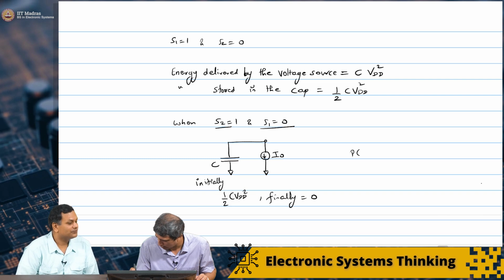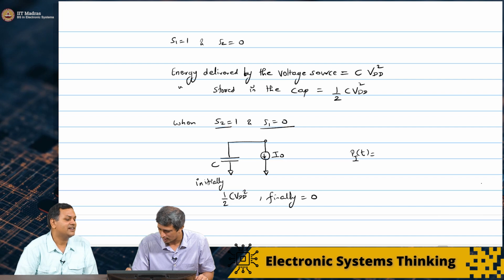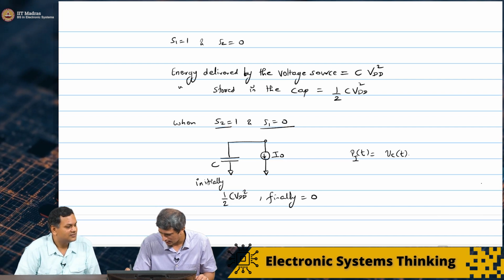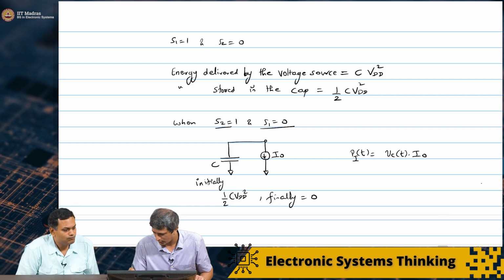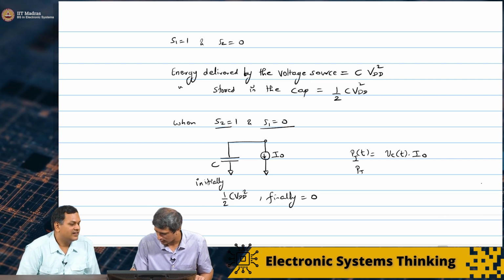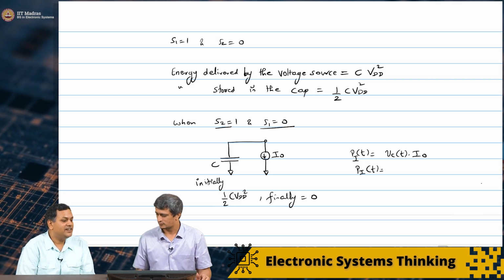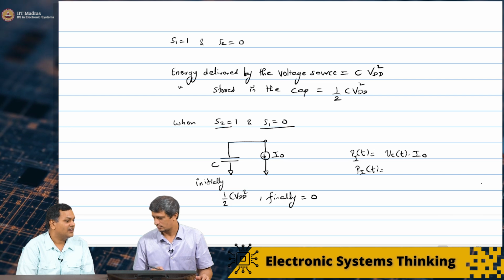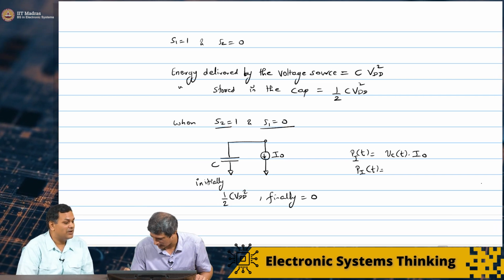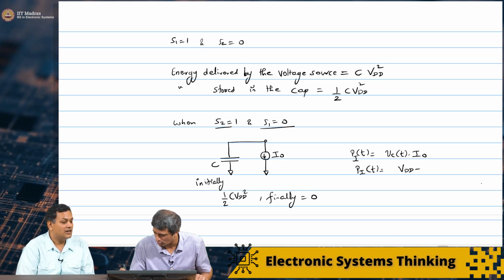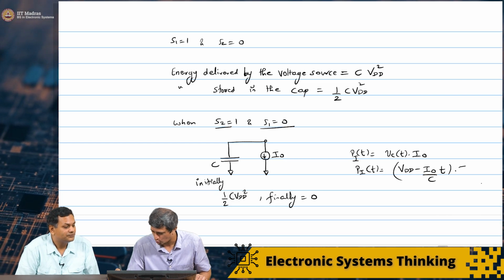So how do we do that? I'm guessing we write the instantaneous power, which is basically Vc of t times I naught, and we are going to integrate this. And Vc of t was basically VDD minus I naught by C times T. This was the equation, into I naught.